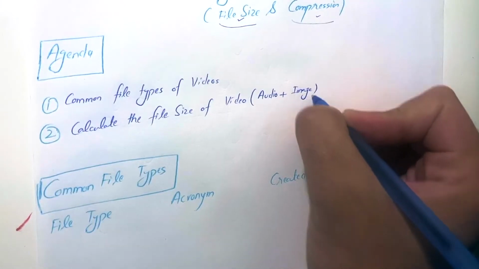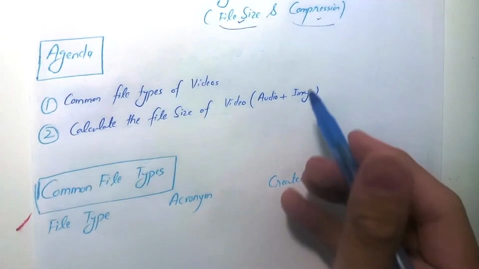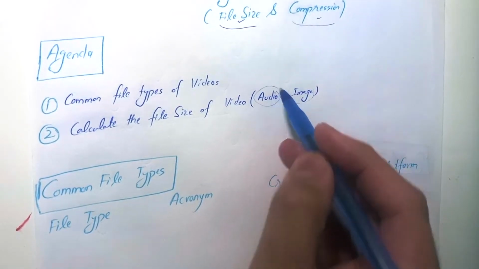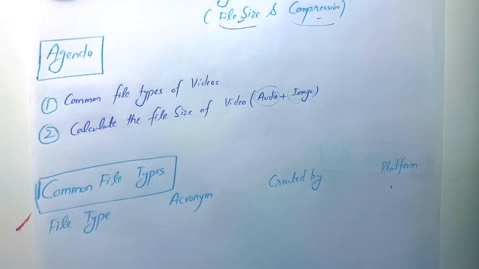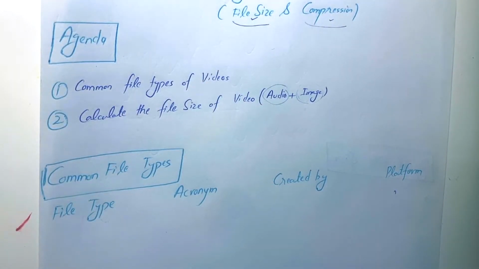So in order to calculate the file size of a video, we have to calculate the file size of images, and then we will add the file size of audio. That is basically what a video is. So we will discuss that, and you will see why we need to apply compression, because the size of video is crazy. It's too large, which is kind of impractical. So that is why we need to apply compression algorithms to optimize the file size.